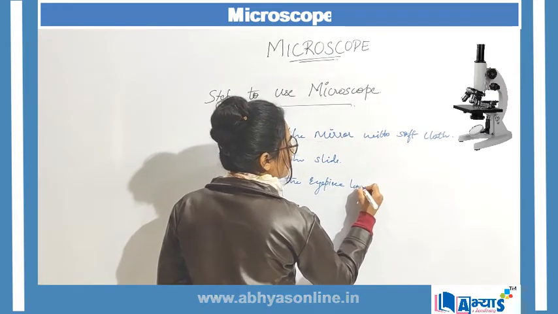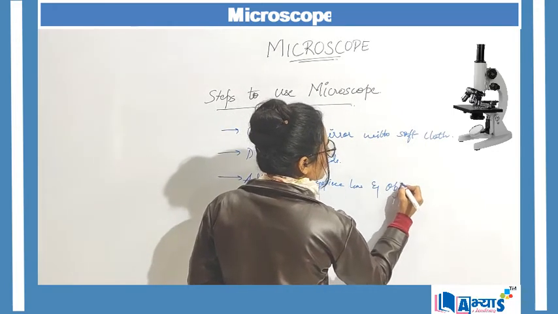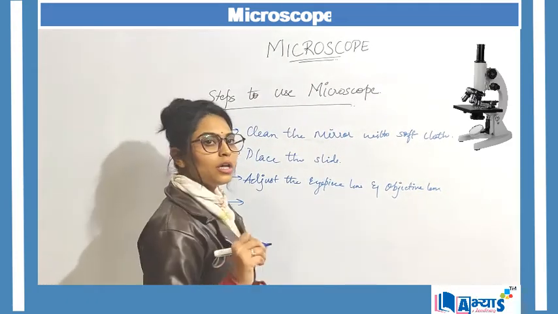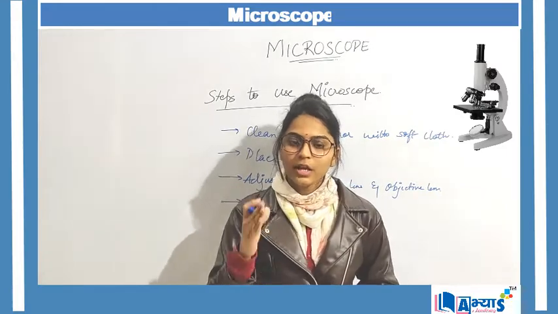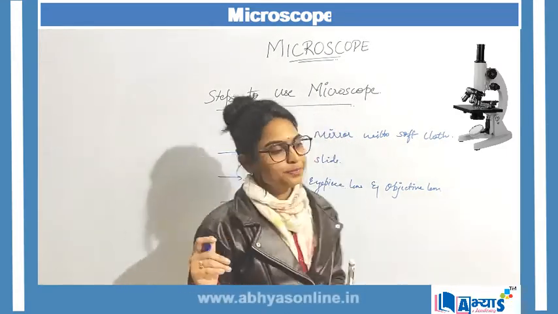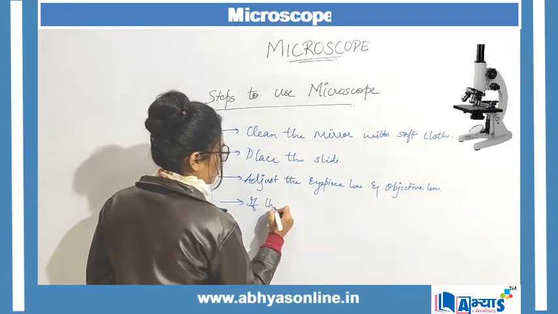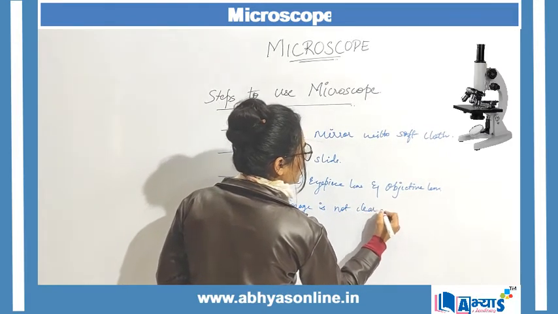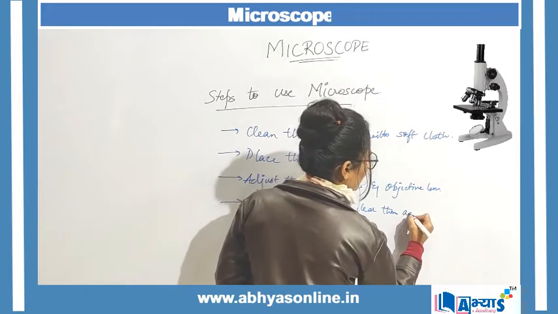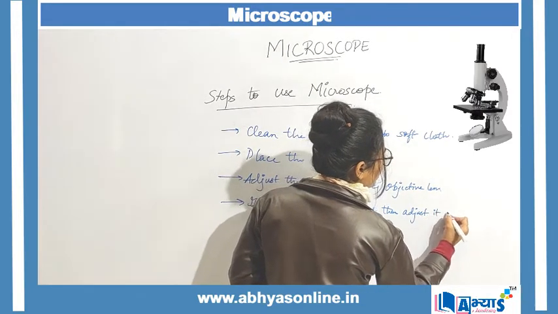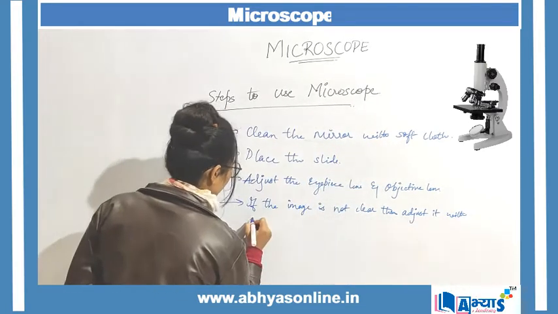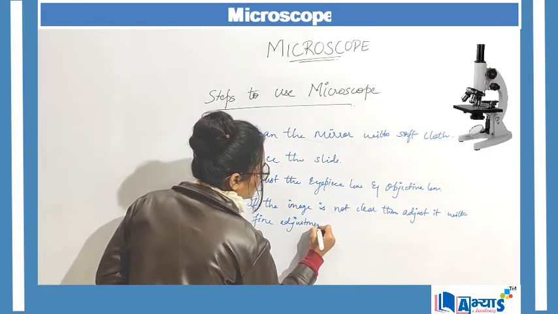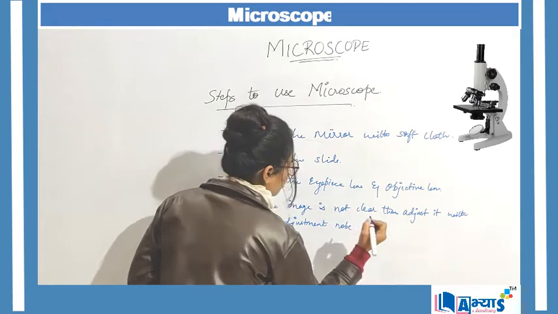And the next one is, if the image is not clear to you, then adjust it with the fine adjustment knob.